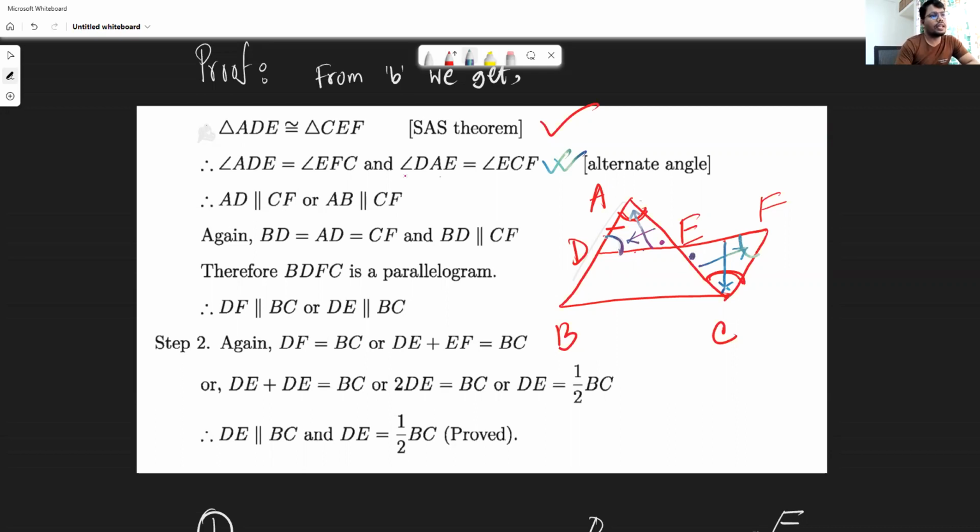When two angles are the same, definitely we can say this line is parallel with this one, because this angle and this angle are alternate, and also this angle and this angle are alternate. So here the alternate angles are the same, so we can say their opposite sides must be parallel to each other. Okay, now see the next step.